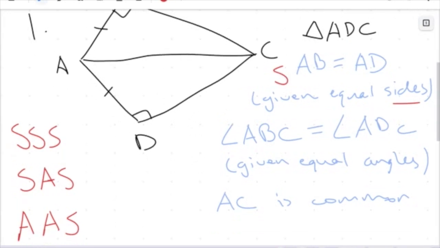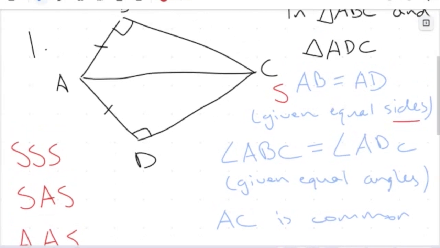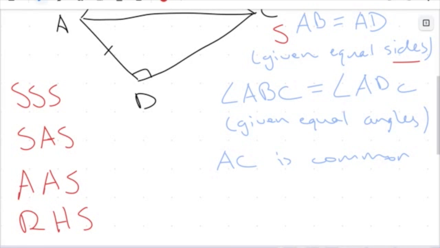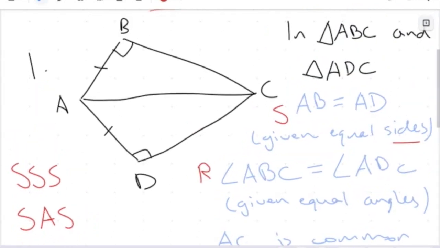So we have a side here. Now, the angles being equal, that could be angle, but it's a special type of angle. These 2 angles are right angles. So that already kind of gives away which of these proofs we're using, but let me write that here. This is a right angle, and both of these triangles are right angle triangles. So there's a specific congruence proof we always use for these.